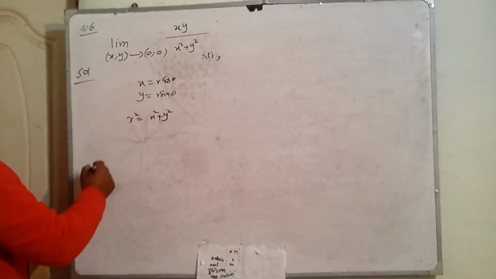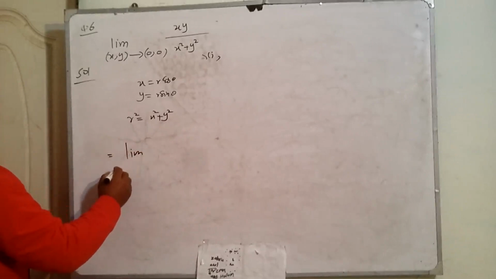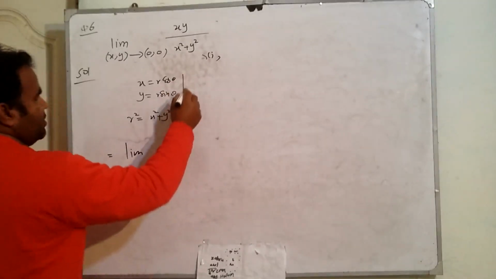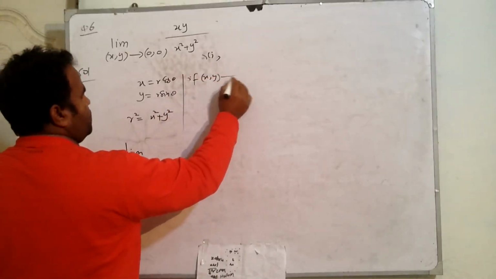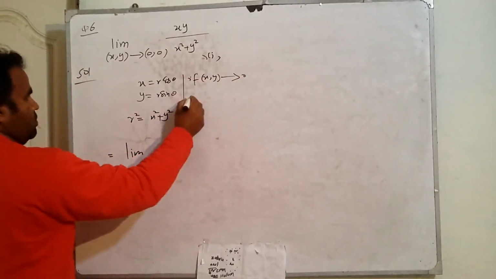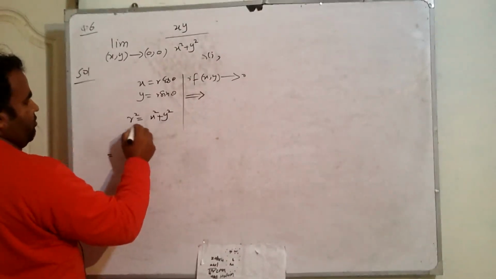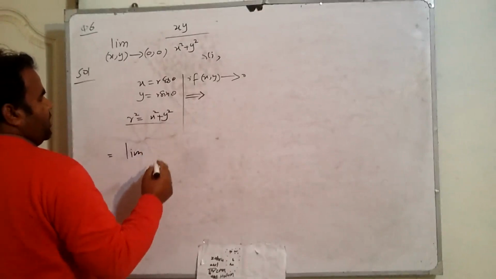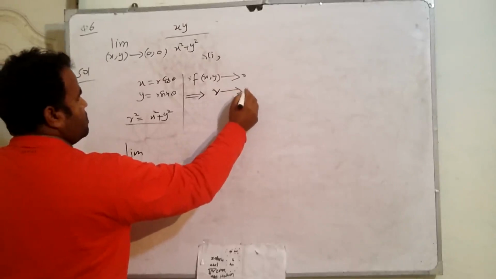Okay, now if (x, y) approaches 0, when we put over here the value of x and y, it means r also approaches 0.